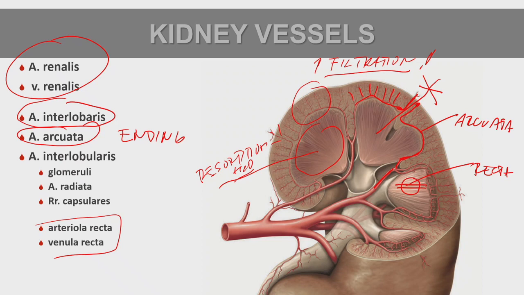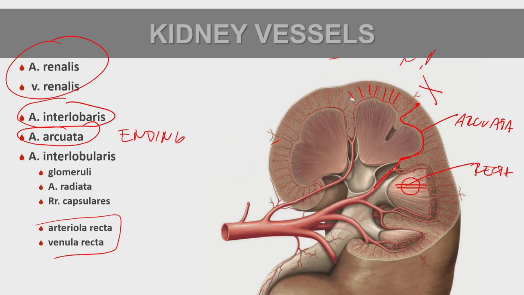So those are vessels. Please remember that those vessels are ending, so they have no anastomosis, no possibility of collateral circulation. So you can imagine that some vessel is occluded. Typically, it could be due to embolization. It could be also due to trauma. It could be also caused by some infection of a kidney.